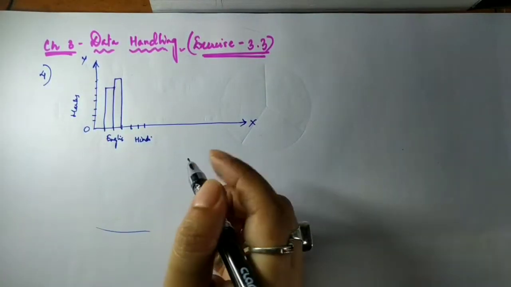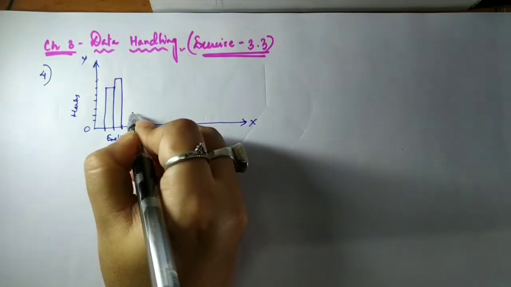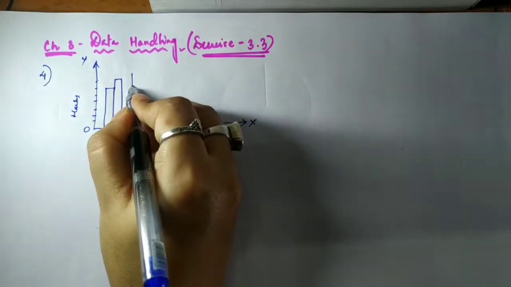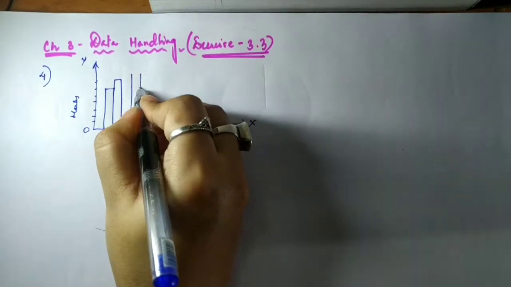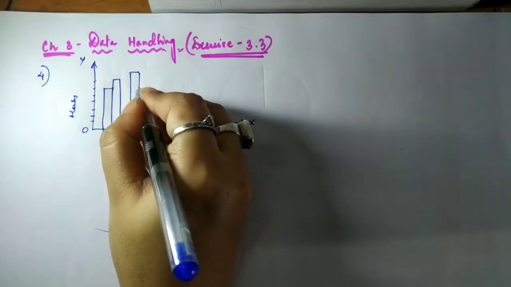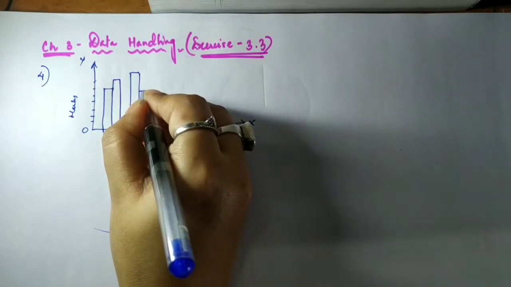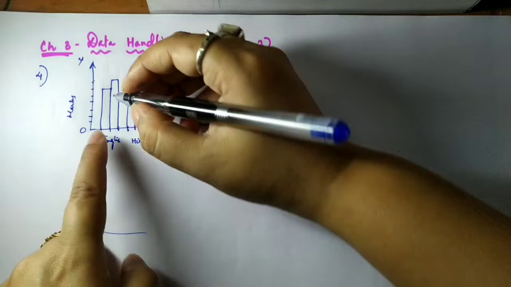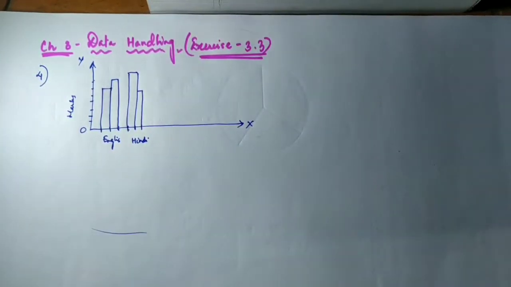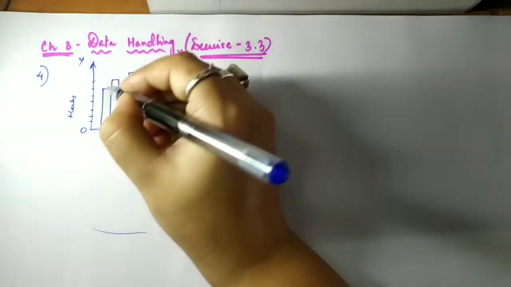Again for Hindi, term 2 is 72, let it be this, and for term 1 it's say 65, so let it be something like this. Now you cannot write term 1, term 2, term 1, term 2 every time, so can I do one thing?